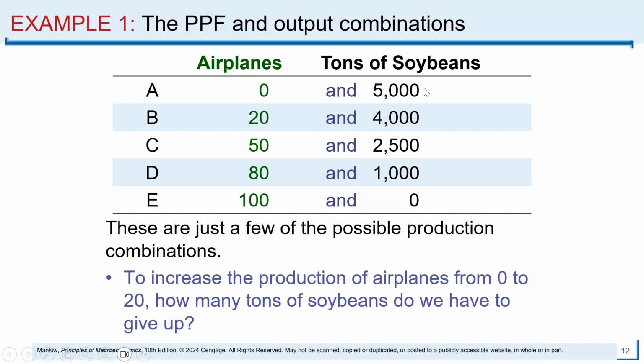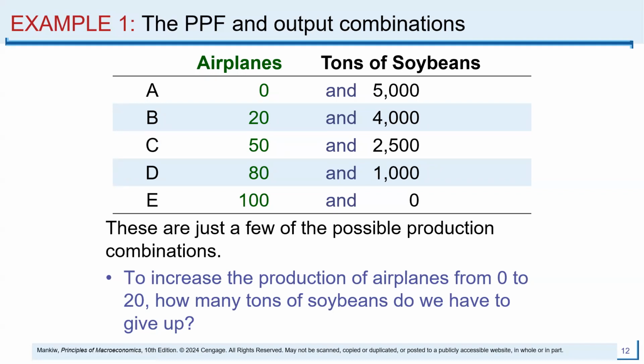If you want to produce more soybeans, from D to C, then you can see the production of airplanes will decrease. So here is exactly what we talk about: the trade-off, right? If you want to get something that you want, you need to sacrifice the alternative. These are just a few of the possible production combinations.